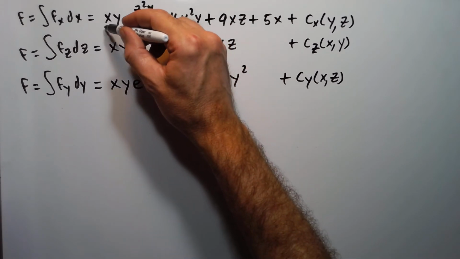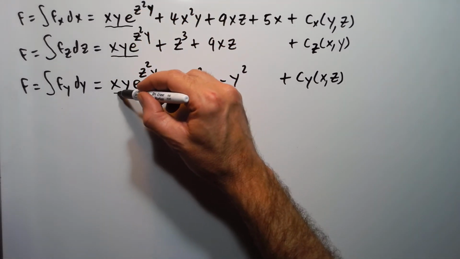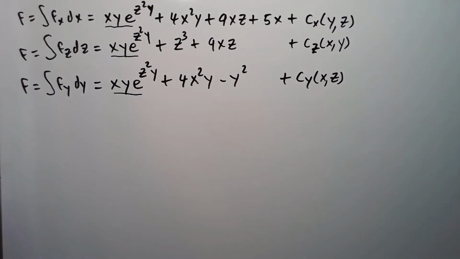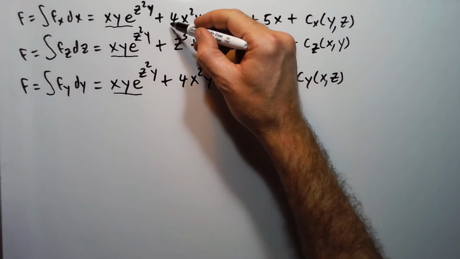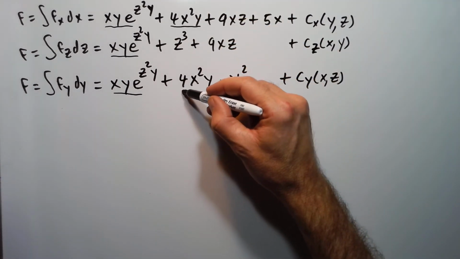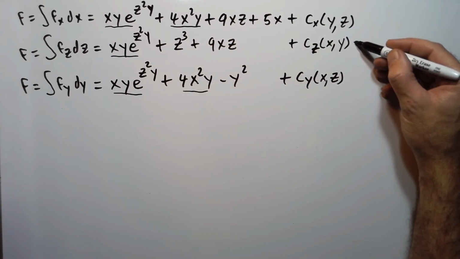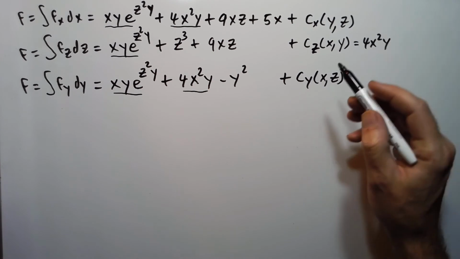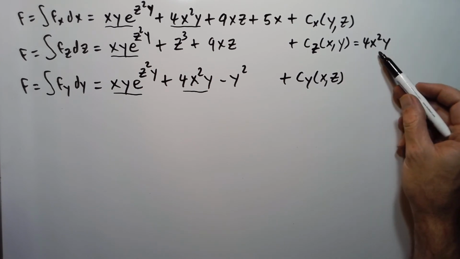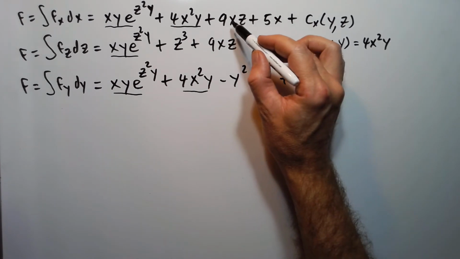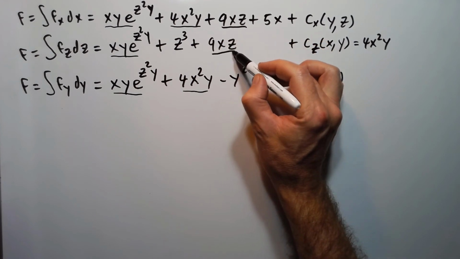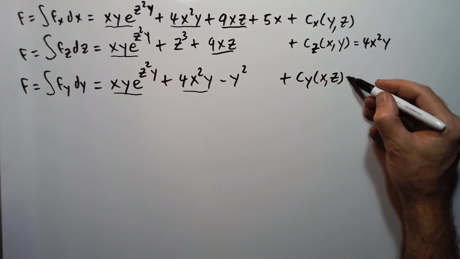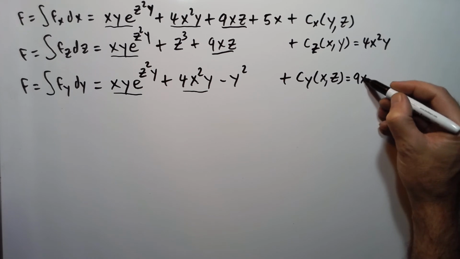Notice they all have the e's in them. That's fine. And I'll start trying to match them up. Well, this one has the 4x squared y, so does this one. This one's missing it, so I'm going to add it here, 4x squared y. I can do that because that's a function of x and y. Okay, this one has a 9xz, so does this one. This one's missing it, so I can add it here, 9xz.